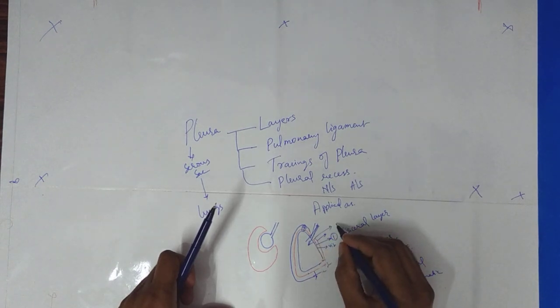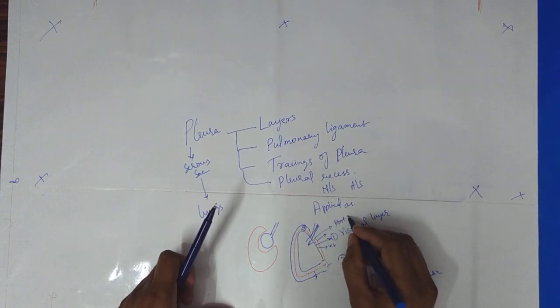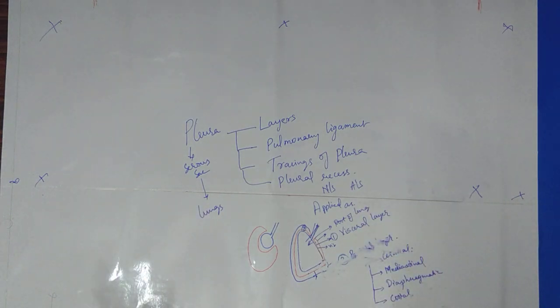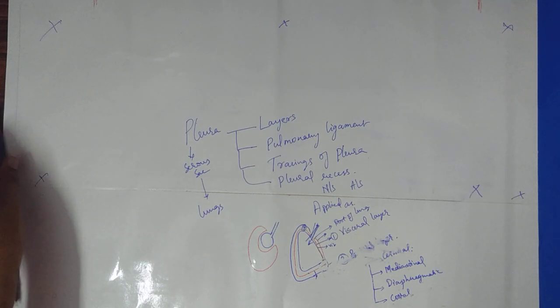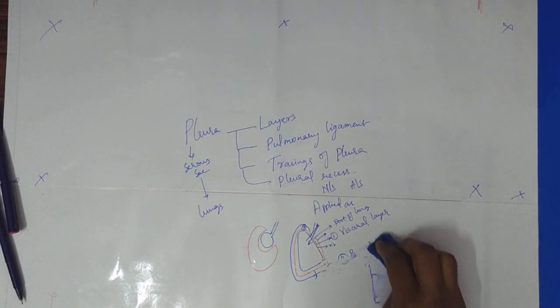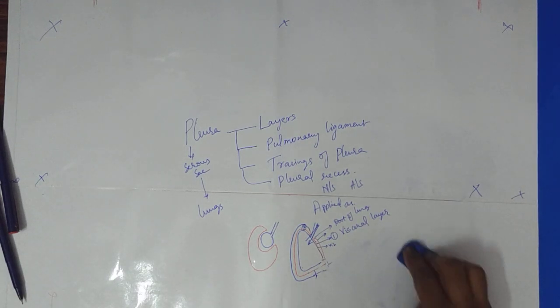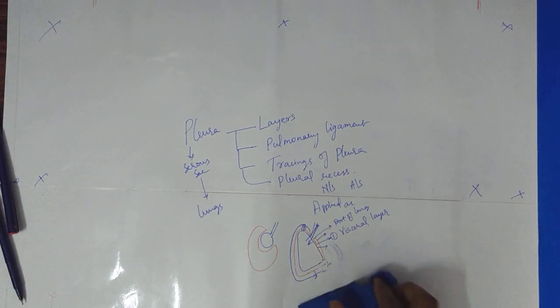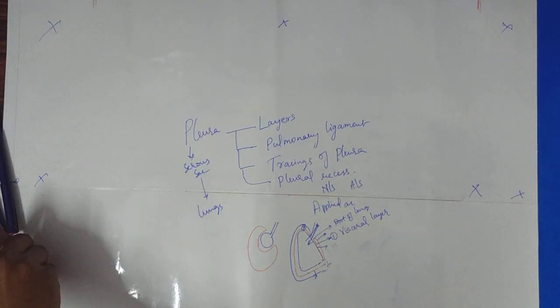This part is your root of the lung. So near the root of the lung, the visceral layer and the parietal layer of the pleura are in continuation with each other.